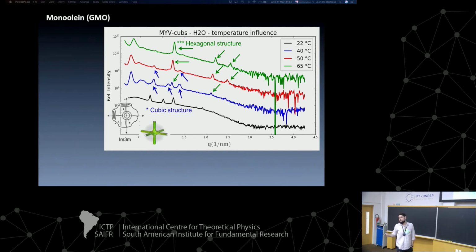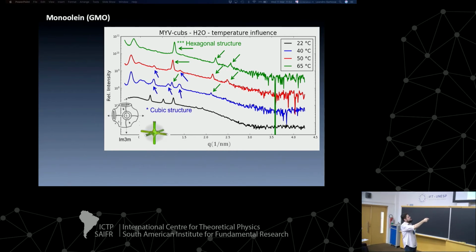This is their characterization, in the absence of miltefosine, just increasing the temperature. You see, those are the peaks that I was mentioning to you that characterize my cubic structure. When I take the ratio of the second with respect to the first, the third to the second, the fourth to the third, the fifth to the fourth, and so on, I can characterize the cubic structure that I have here.